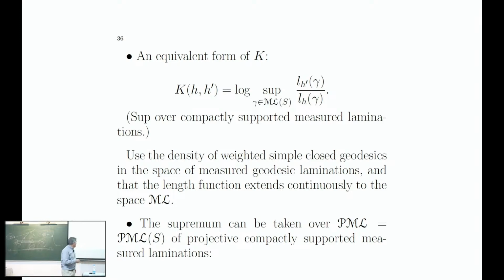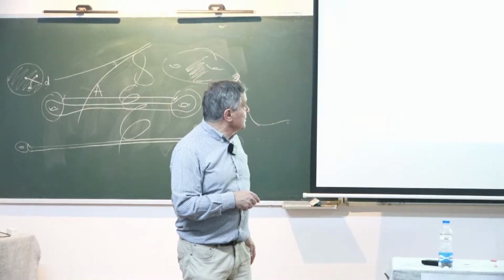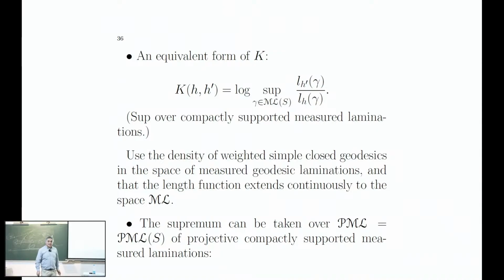And now this is very important because, when I take the projectivization, and this is something I told you last time, the projectivization of measured foliation space is compact. And when you take the supremum over some compact set, there is a point which realizes the supremum.